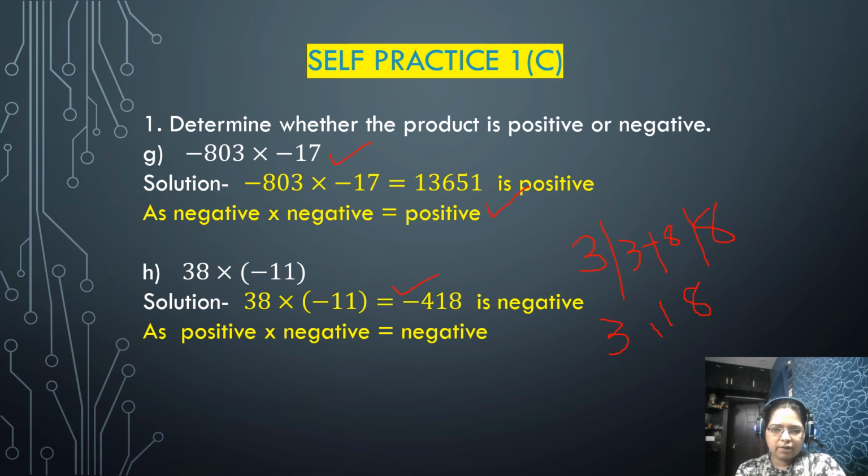Now add this tens place digit 3 with the carryover of 11. Carryover of 11 is 1, that is the tens place digit of 11. Add 3 with 1. 3 plus 1 is 4, and unit place digit of 11 is 1, and 8 is the unit place digit of 38.